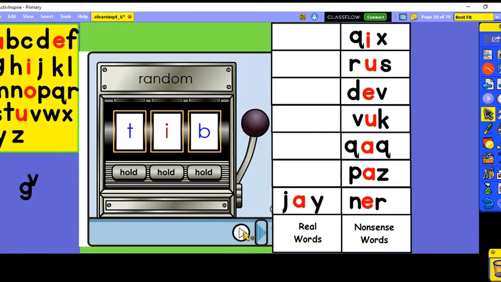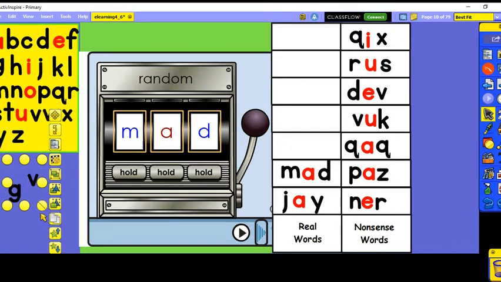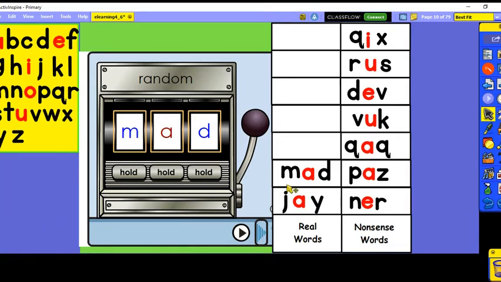Let's roll until we get a real word. There's one. Mad. So today we got more nonsense words than we got real words. Okay, let's go through and let's read our real words. Mad and J.